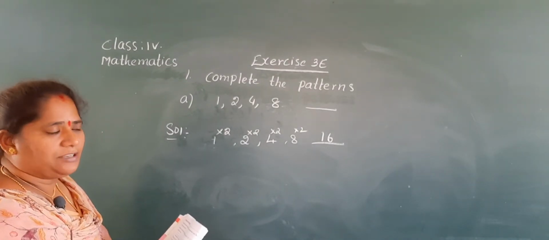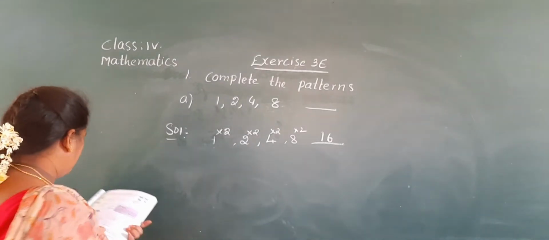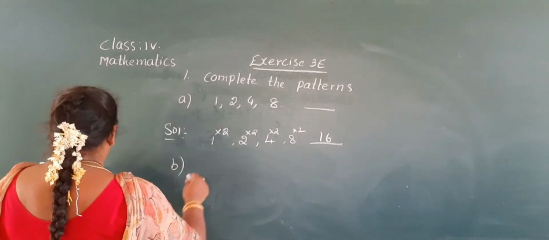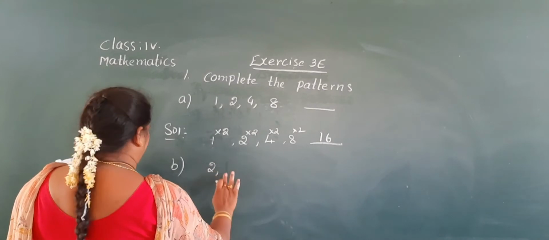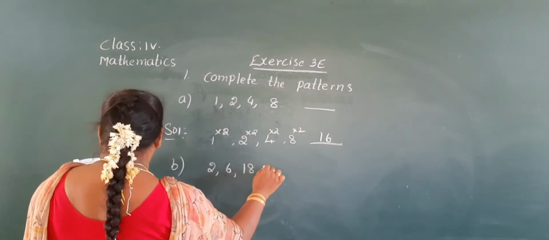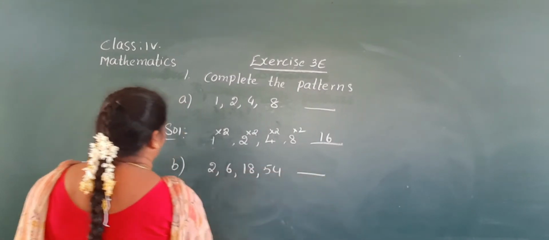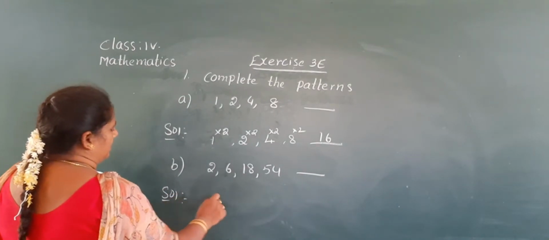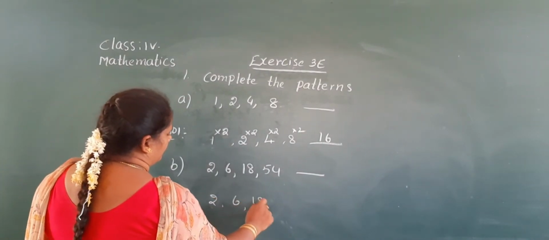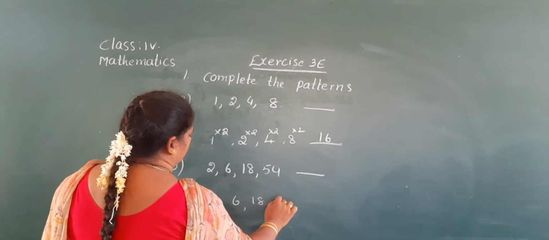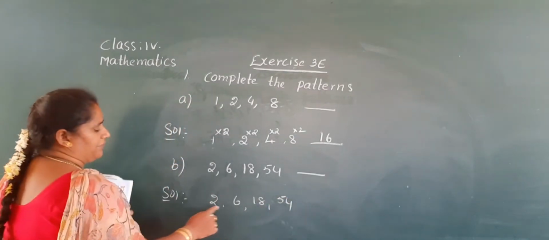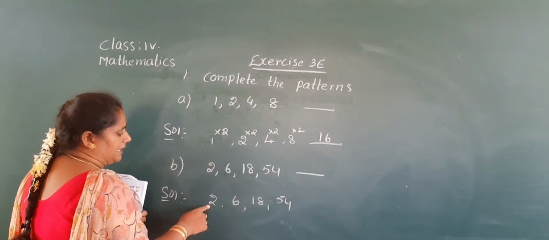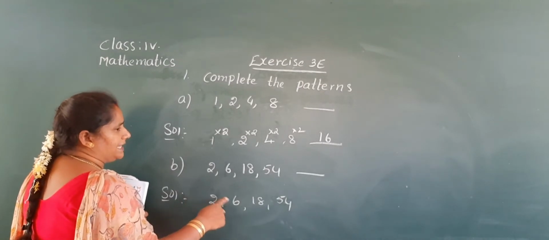Okay, ma, is it clear to you? Next one, B. 2, 6, 18, 54. First you write the pattern, Nana. Now you observe. How do you get this number from 2 to 6? Yes, multiplied by 3, 2 3s are 6.